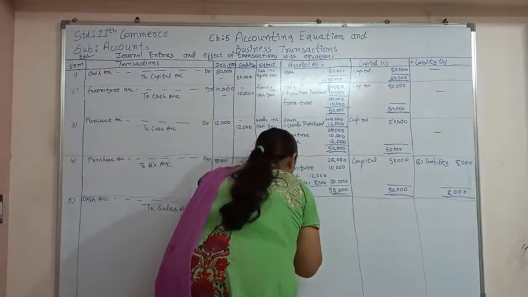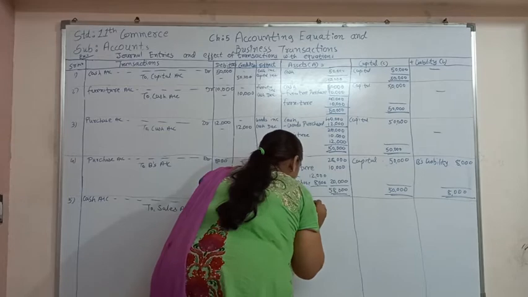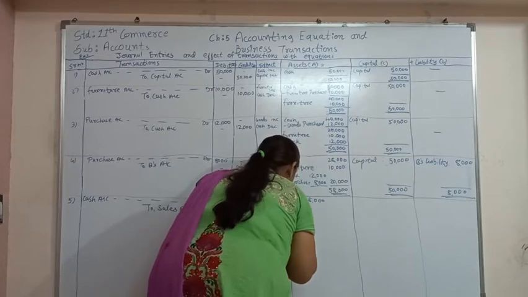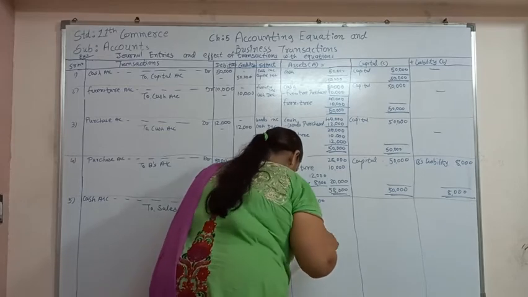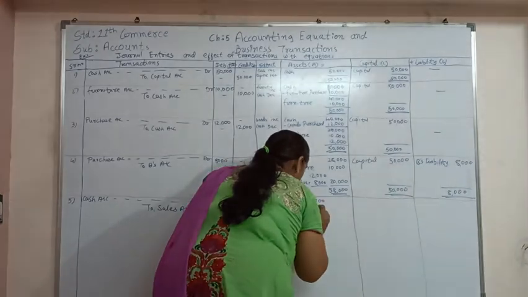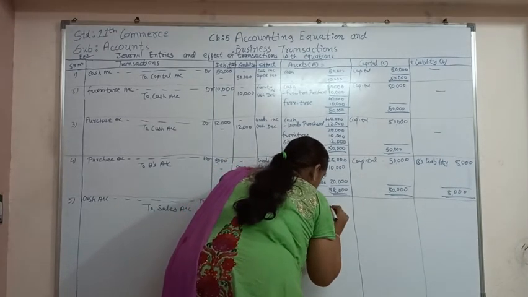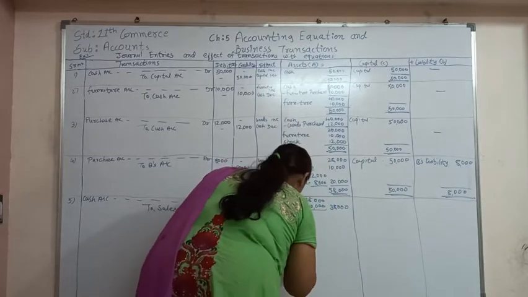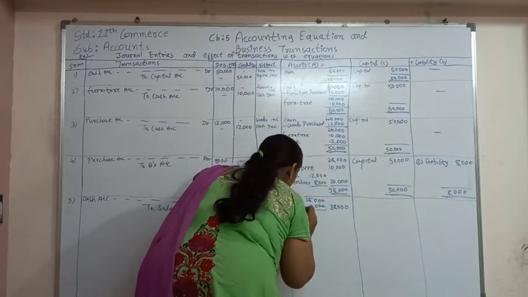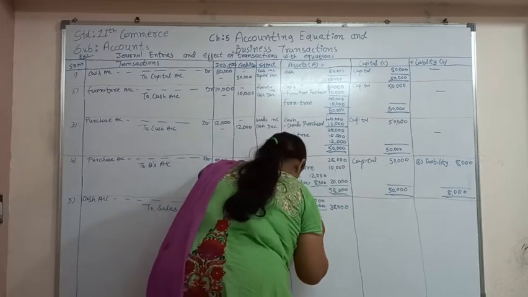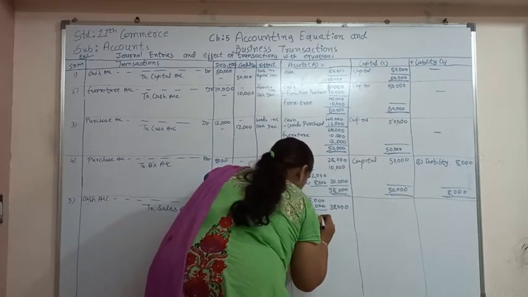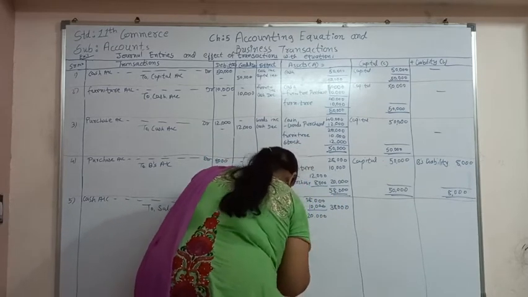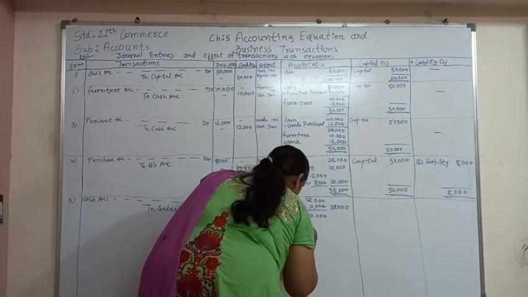Here cash is of rupees 28,000 plus sales. So sales of rupees 10,000. So total of this will be 38,000. Then stock is of rupees 20,000. From 20,000 we are going to deduct the sales of rupees 7,000.